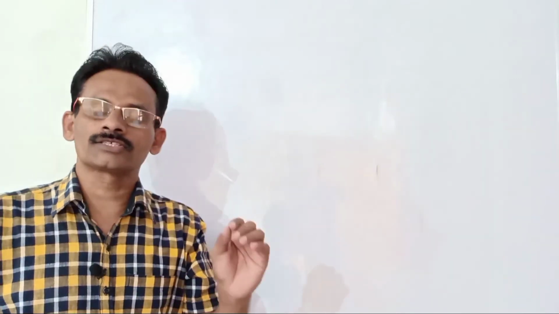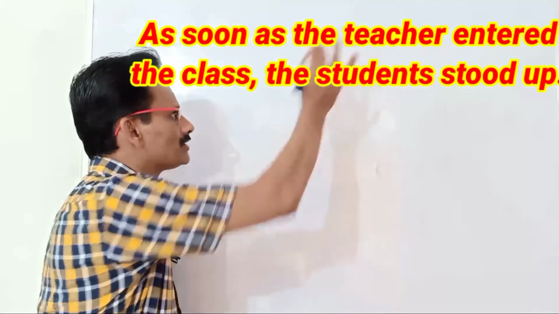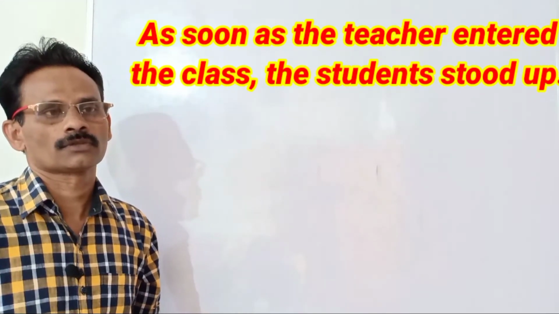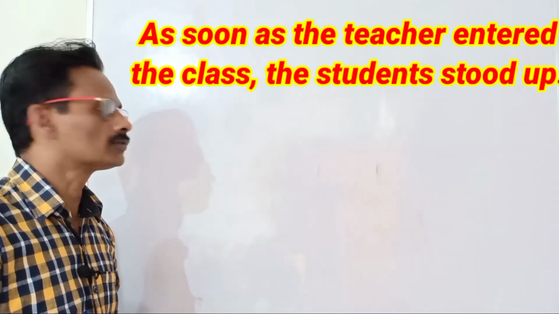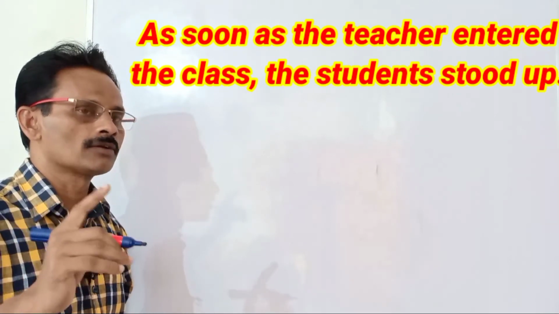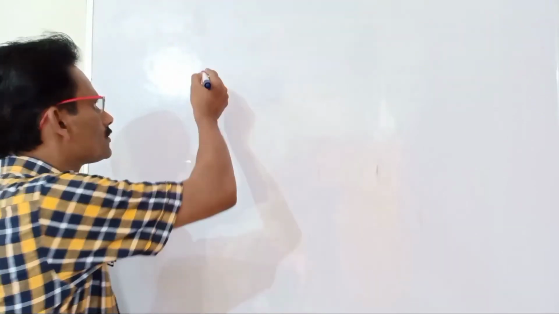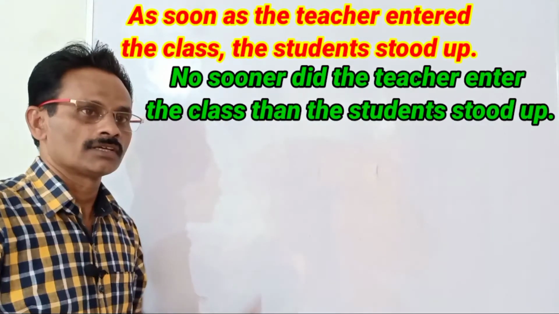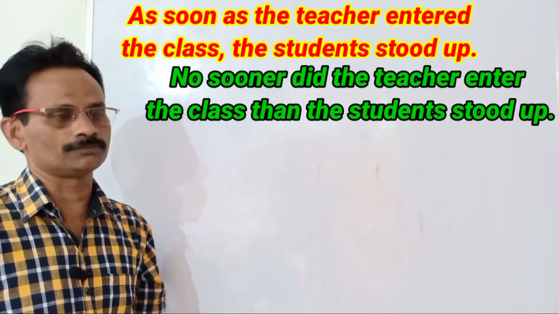And now, let's examine another sentence. As soon as the teacher entered the class, students stood up. Now, let's remove as soon as using no sooner than, hardly when, barely when, scarcely when. No sooner did the teacher enter the class than the students stood up.